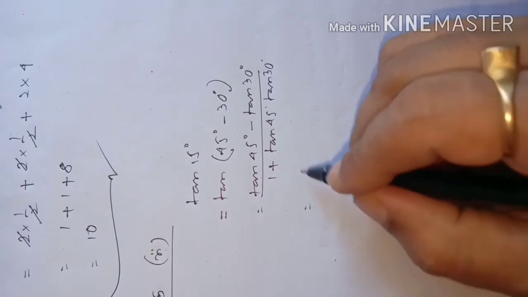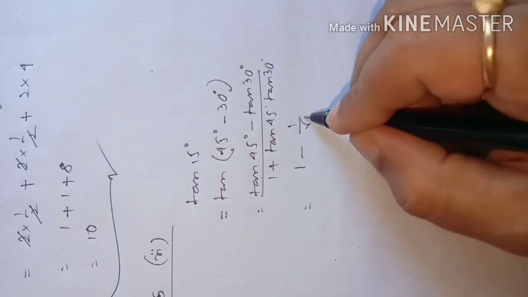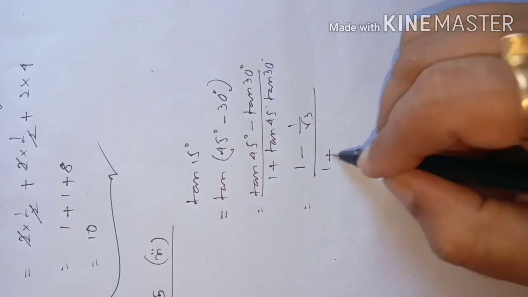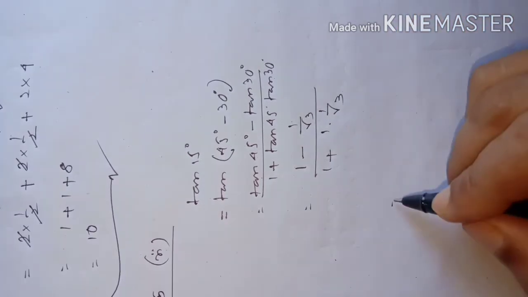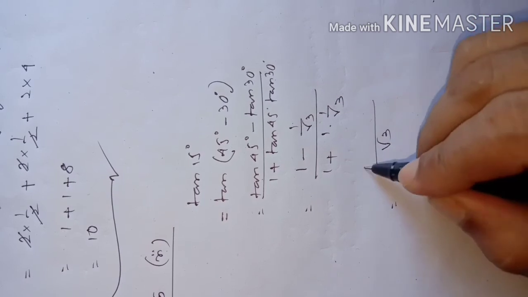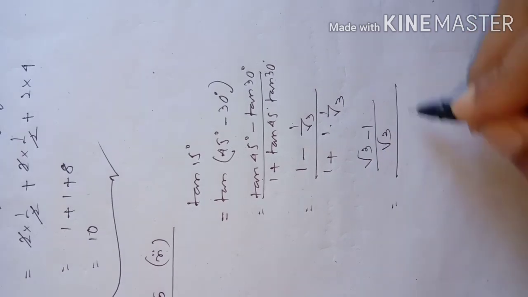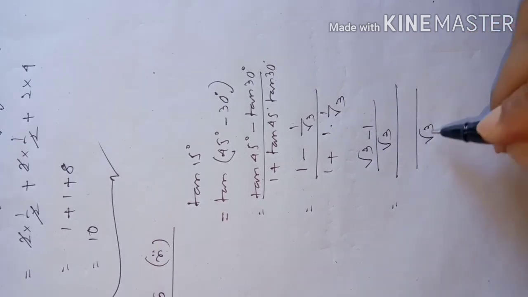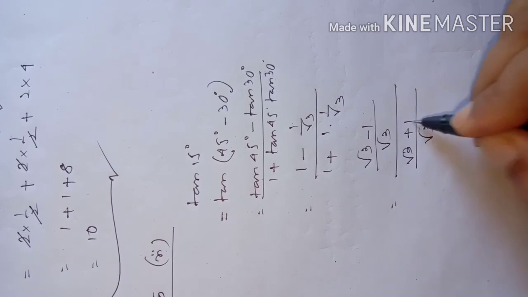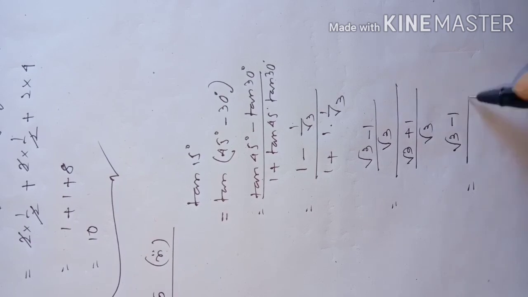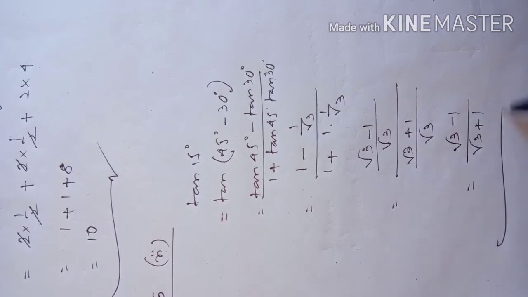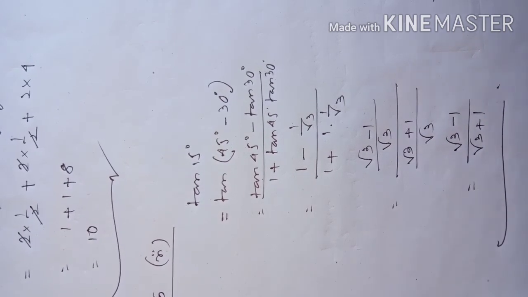So that is 1 minus 1 by root 3 divided by 1 plus 1 into 1 by root 3. Then LCM will be root 3 here, it will be root 3 minus 1, and root 3 plus 1. So the result will be root 3 minus 1 by root 3 plus 1. This is our answer. Okay, dear students?